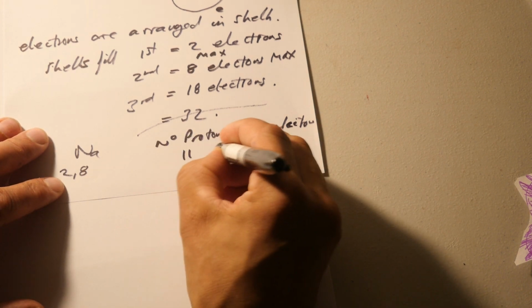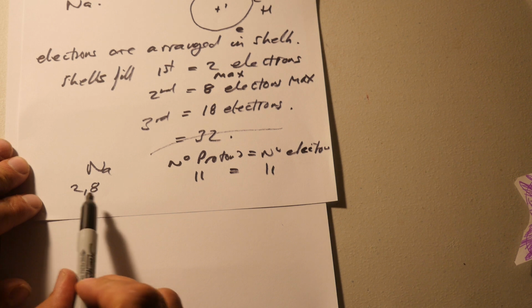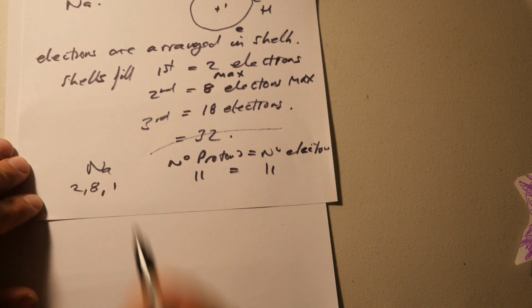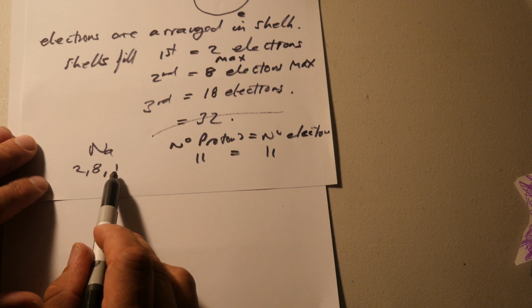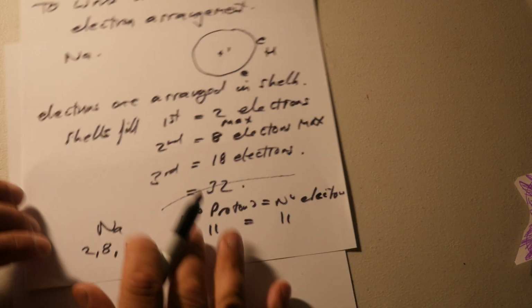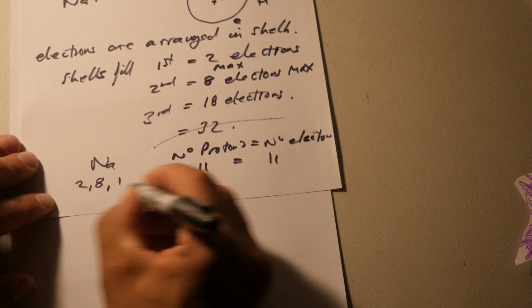So 2 and 8 is 10, so the third shell must have 1. That equals a total of 11 electrons, okay? So this is the electron arrangement of sodium.